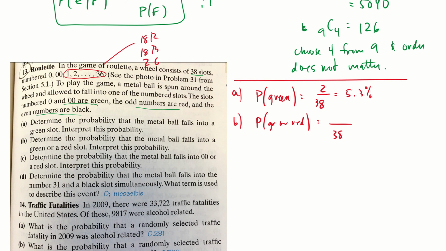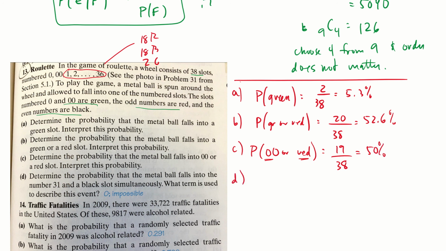So green or red is going to be 2 plus 18, so 20 out of 38, or 52.6%. C. Probability that it falls into 0, 00, or red. Well, there's 38 total. Red slots, there's 18, 0 and 00 is 2, so that'd be 20 out of 38. Should be 52.6%.